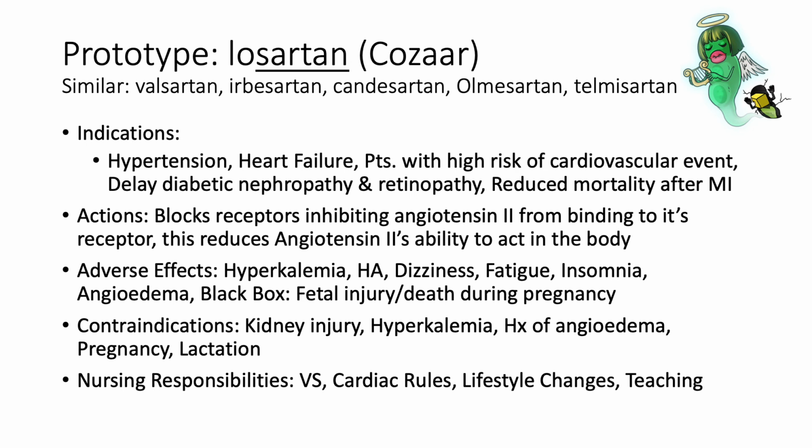So losartan, very common one. Valsartan, very common. I think remembering the last part is what's most important because you recognize that this is an ARB. And basically, it's going to have very similar indications to the ACE inhibitors. It's blocking the same pathway, just a bit further down. It's going to have similar effects.